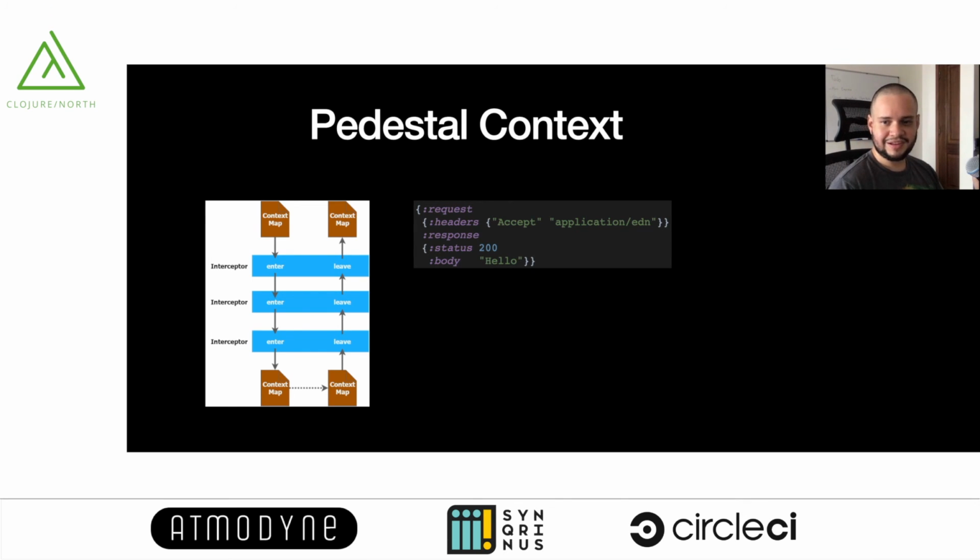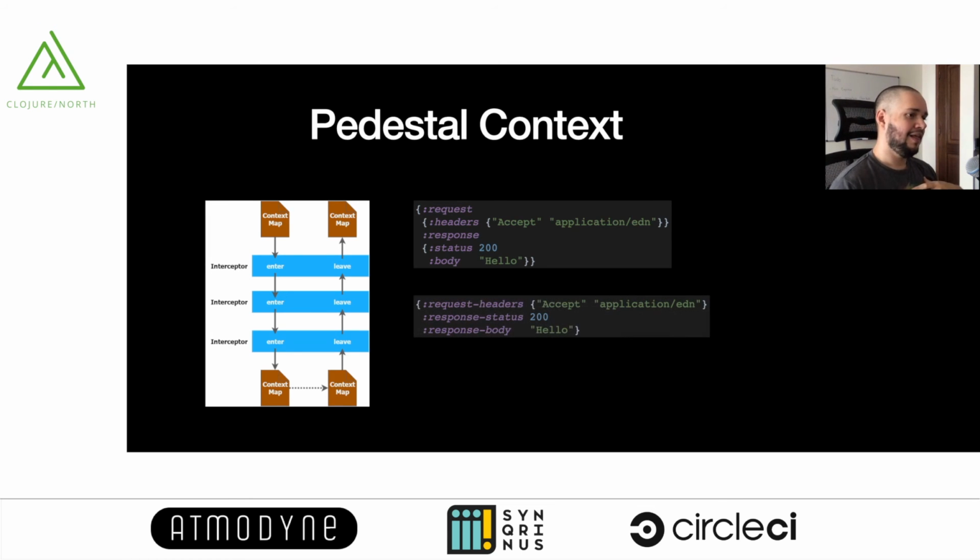But one thing I like to point out there, and this is my personal opinion, is that I think flat structures are always simpler than nested structures. So I would prefer having request-headers as one parameter instead of having request and headers inside of it. Because this way you can actually merge the information. It's more information. Because if you get just the map inside of request, just the headers, you don't know what that is about.